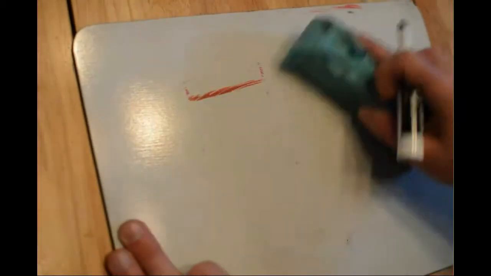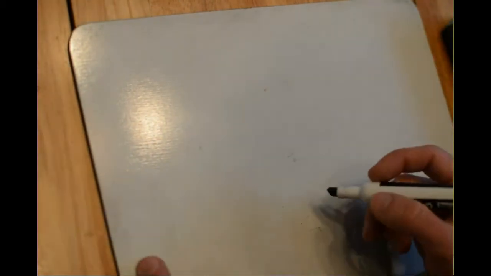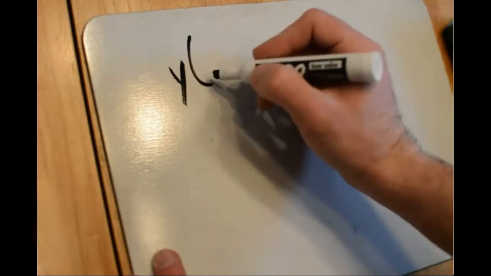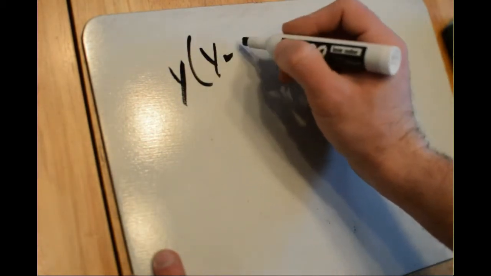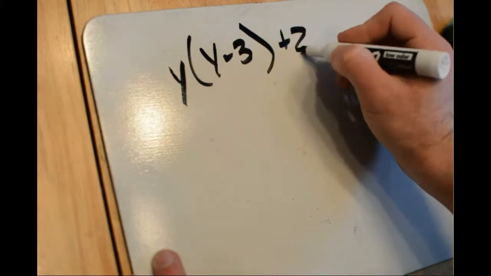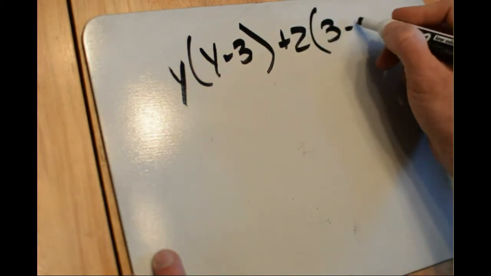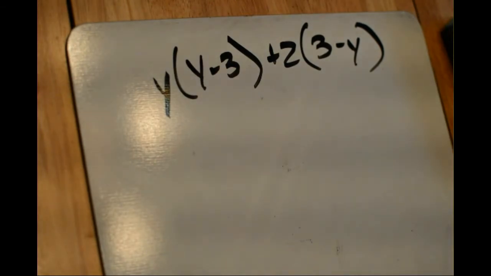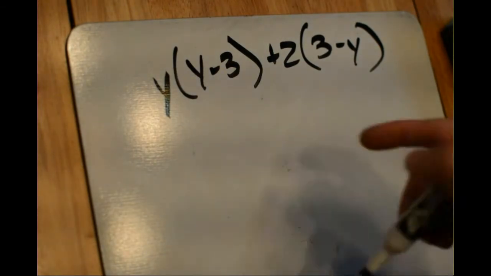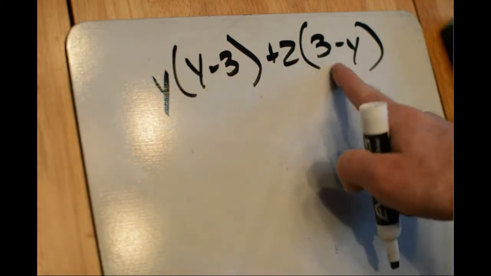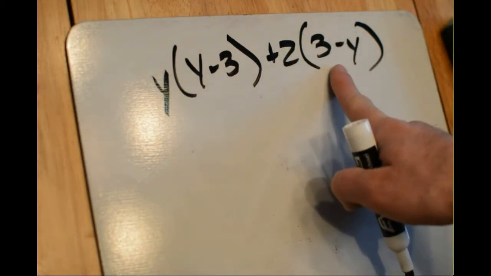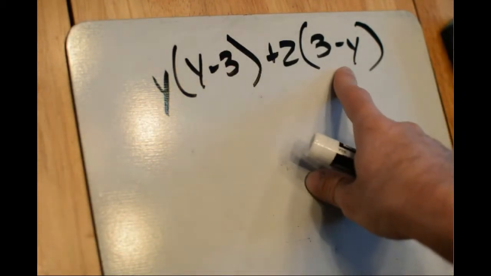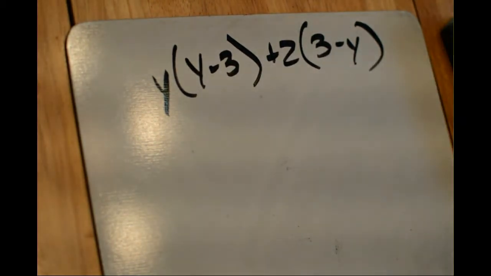Take a look at another one here, and switch something up just a little bit. Let's say I have y times y minus 3, plus 2 times 3 minus y. Now these two have a quantity that's very close to being the same. This is y minus 3, and that has the same numbers and variables, but it's switched around. So if this were a y minus 3, I could factor it out.